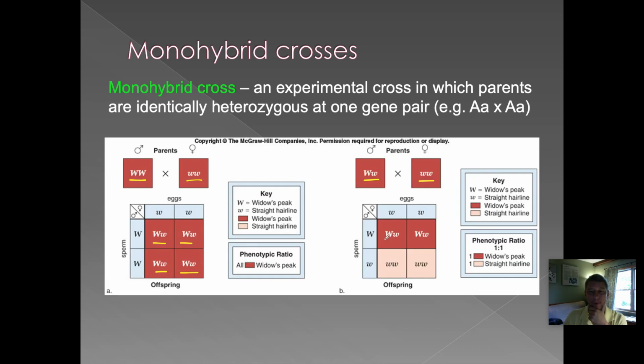Therefore, we would expect half of the offspring to have a widow's peak and half to not have a widow's peak. And so the phenotypic ratio here is 1 to 1. Well, it's really 2 to 2, but we can reduce that to 1 to 1.